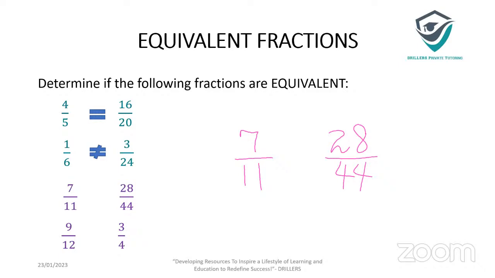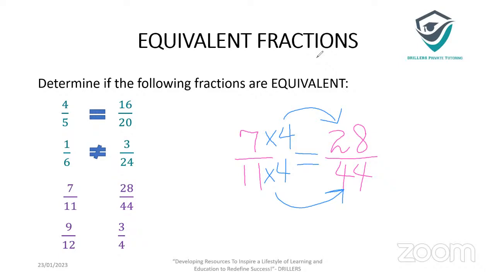This is where your tables come in handy again. I know that 7 multiplied by 4 will give us 28. So if I'm multiplying 7 by 4 to get 28, then I have to multiply my denominator by the same number. If I multiply my denominator, which is 11, by 4, I must get 44. If we look on the other side and see that that is what it is, 44, then that means our fractions are equal.